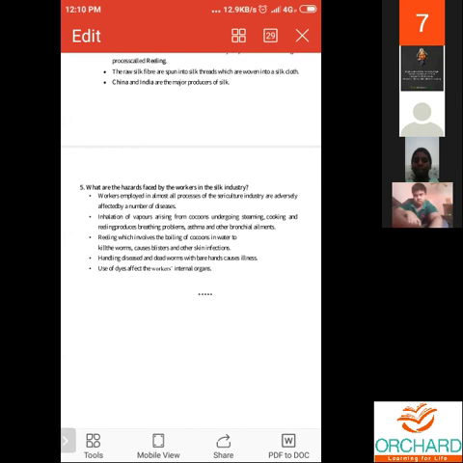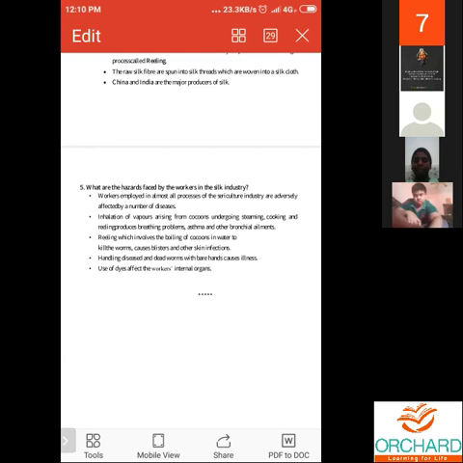Okay. So this question is about the hazards faced by the workers in the silk industry. Another question can also be asked, like, what are the hazards faced by the workers in the wool industry?